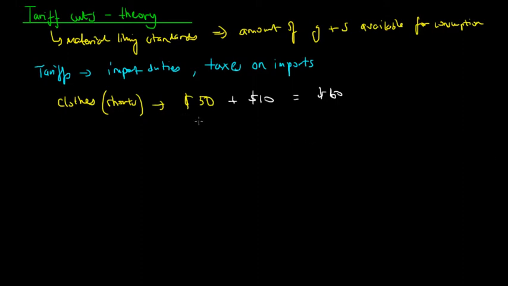However, if domestic producers produce shorts at $55, then they would gain an advantage over these international competitors because we have to pay this $10 extra in tax. And so what tariffs aim to do, or the major role of tariffs, is that it protects domestic producers.